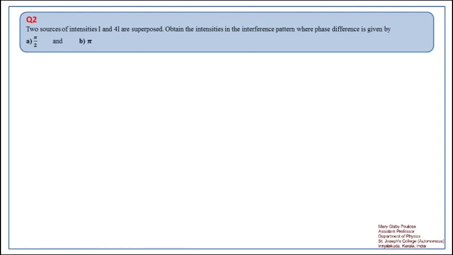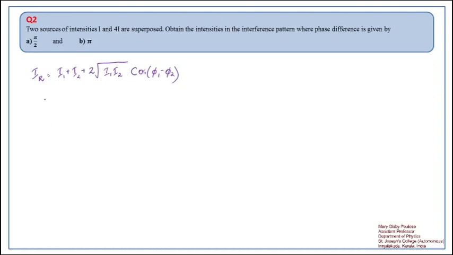Okay, so first let us calculate the resultant wave. For that, we have the expression in terms of intensity as IR. Resultant intensity I is equal to I1 plus I2 plus 2 square root of I1 I2 cos of phi 1 minus phi 2. Okay.